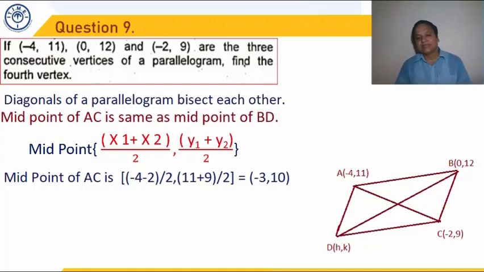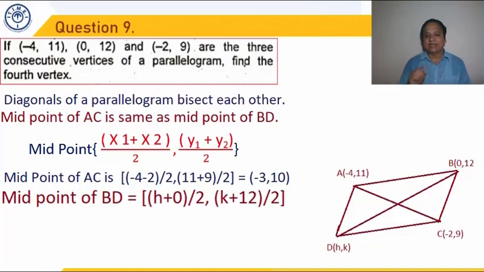So the midpoint of AC comes out to be -3, 10. Now this is also the midpoint of diagonal BD. So the midpoint of diagonal BD is (H plus 0) by 2, (K plus 12) by 2. These two midpoints are not different, they are the same because diagonals of a parallelogram bisect each other.